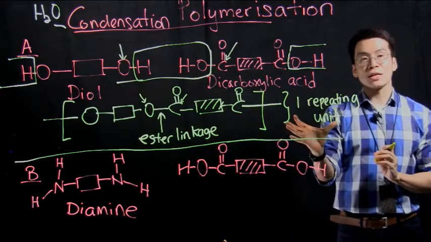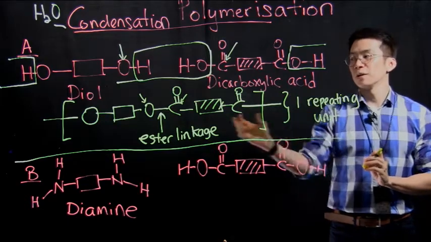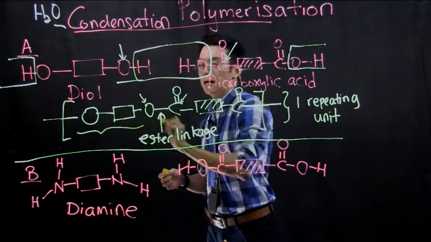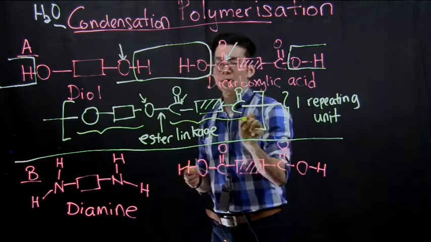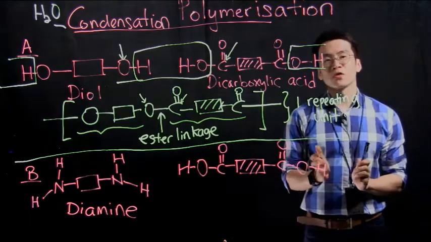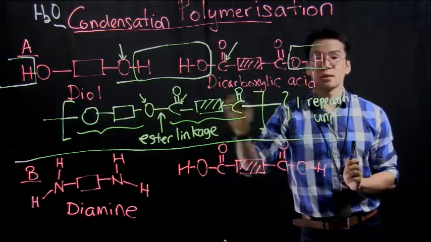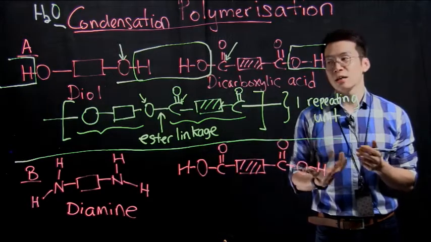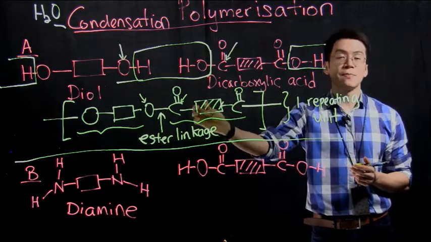This one repeating unit is made up of the diol, this part here, and the dicarboxylic acid here. Now, some of you may be wondering, what are these boxes? These boxes just represent the hydrocarbon chain, because we don't know how many carbons are inside here.